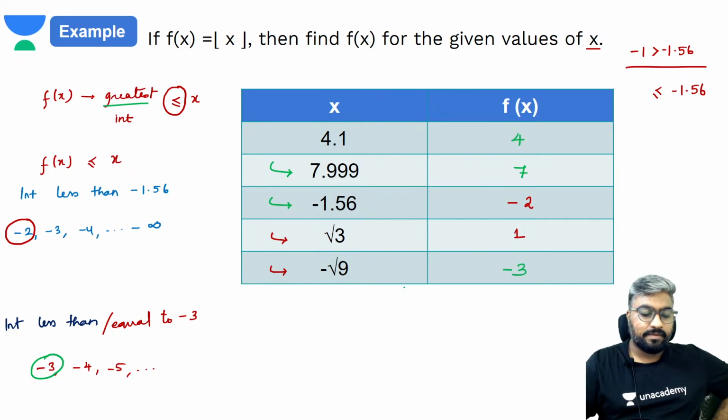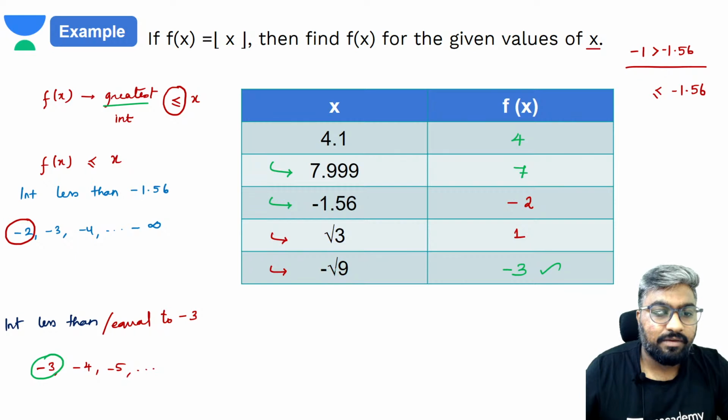इज दैट क्लियर गाइस? -4 जो भी बोल रहे, ऋषि, कृष्णा, लेखना, समझ गए? श्रेय, नो वैल्यू नहीं होगा, -3 होगा. Got it? इसमें किसी को कोई डाउट गाइस? If anyone has any doubts in this, please ask.